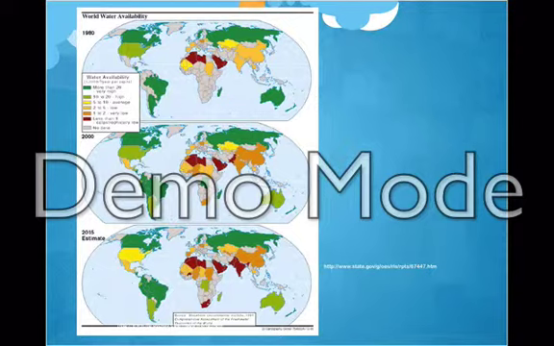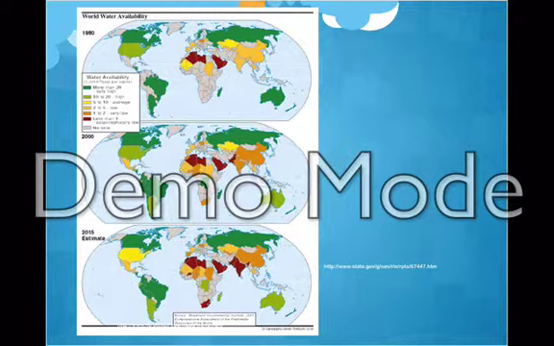So this map goes back in time to 1980 and up through 2015, which in 1980 was a long time ago, but 2015 is probably closer to what it is now.